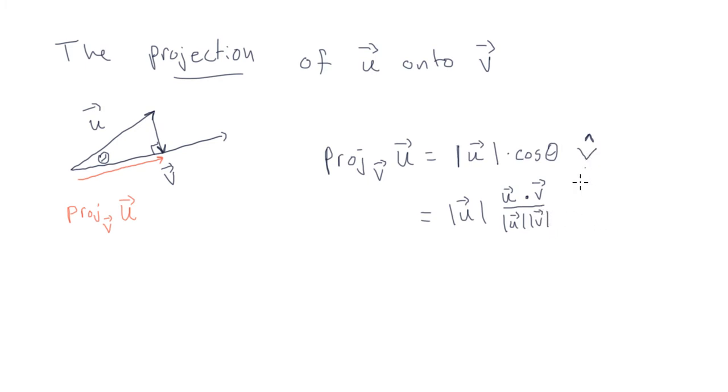And then v hat is nothing but v divided by the length of v. So we can cancel some stuff here. Length of u will cancel, and we'll have u dot v divided by the length of v squared.